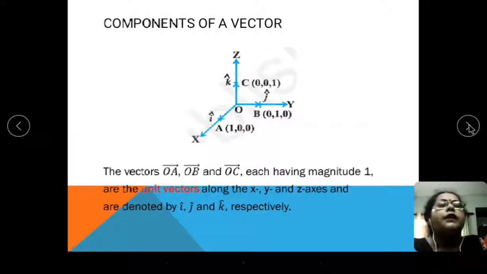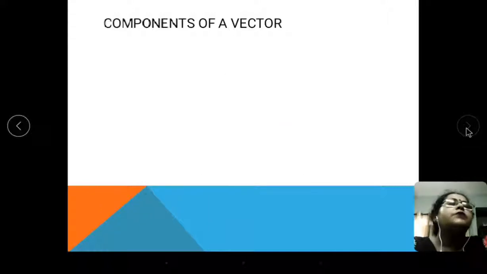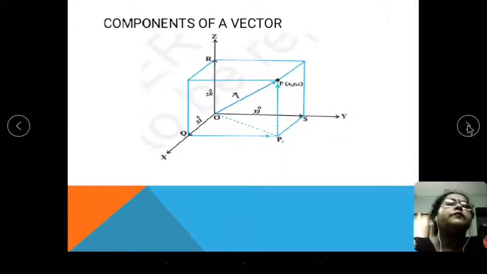Now the next thing is, having understood these unit vectors, how can we represent a vector, or rather a position vector, in terms of these unit vectors, or rather in terms of the components in the x, y and z directions. So this we see in the next figure.